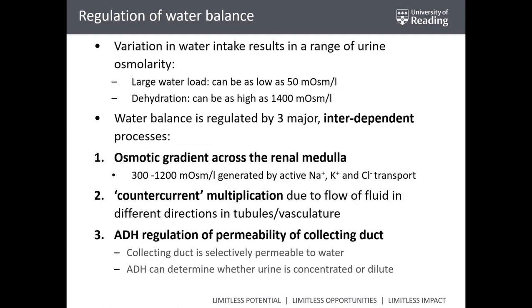So the variation in water intake allows our urine to change the values of its osmolarity. I mean, we are human beings, we are organisms which live on dry land. The availability of water may not be constant, okay? So we need to be able to adapt to a certain extent to the environmental conditions.